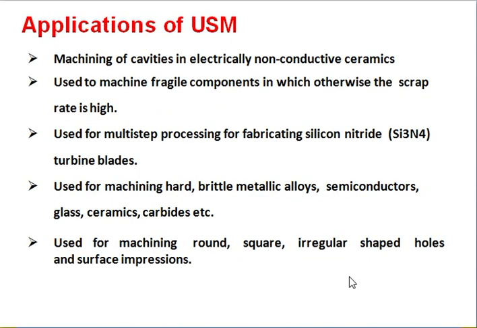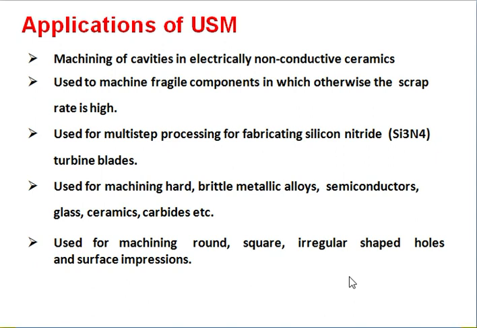Machining of cavities in electrically non-conductive ceramic is one of the applications. It is also used to machine fragile components in which otherwise the scrap rate is high. Next, you can use it for multi-step processing for fabrication of silicon nitride, that is for turbine blades.